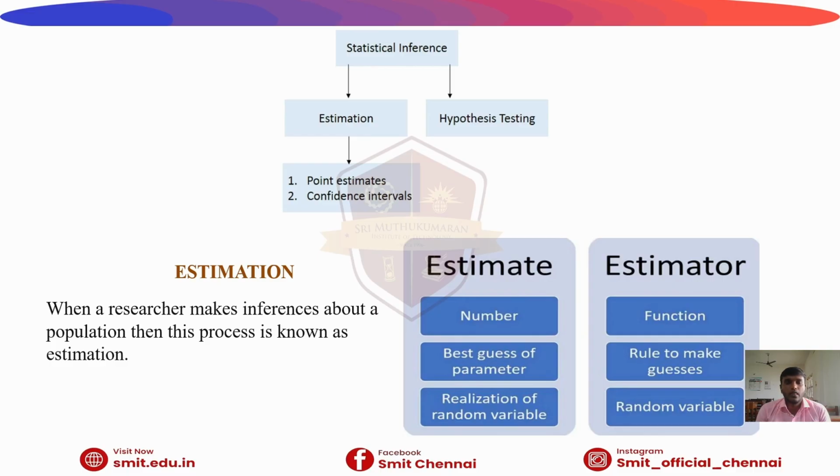Confidence intervals. A point estimate is a single value estimate of the population parameter. Example, the sample mean is a point estimate of the population mean. Then interval estimate, a range of values where the population parameter is expected to lie.